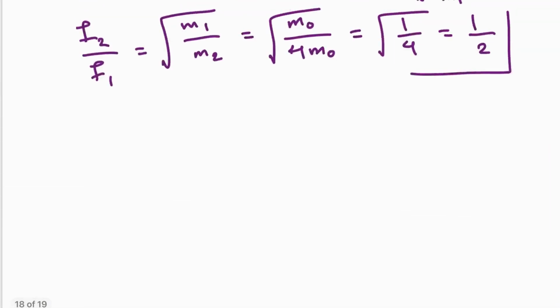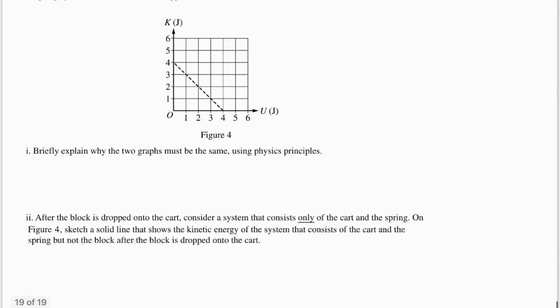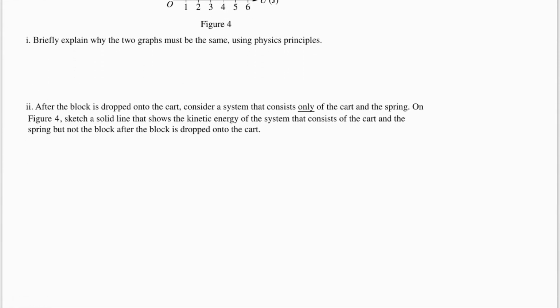If we look at this part of the question again, we see that the second block is added to the system when the system is at rest. So it does not have a kinetic energy and only has a potential energy. We know that the formula for the potential energy is 1 over 2 k x squared, where k is the spring constant and x is the displacement from the equilibrium position.